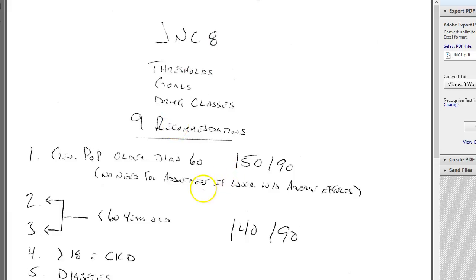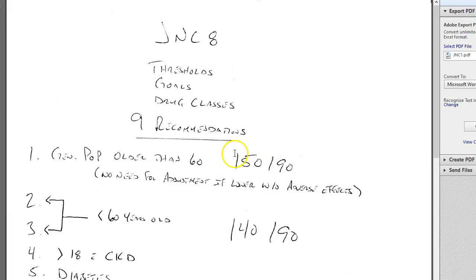The first one, and this really was kind of a game changer compared to the old guidelines. So general population older than the age of 60, the number that you want to have them at is 150 over 90. In fact, you'll see that if you've looked at the guidelines already, you'll see this repeated all throughout the guidelines.